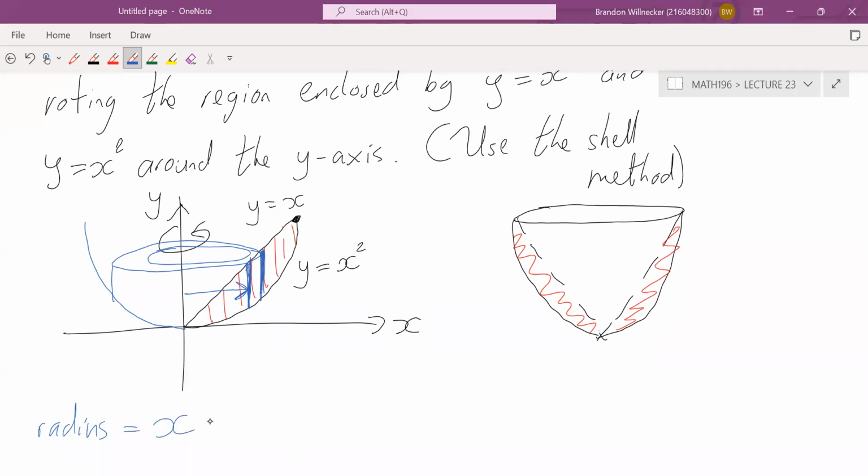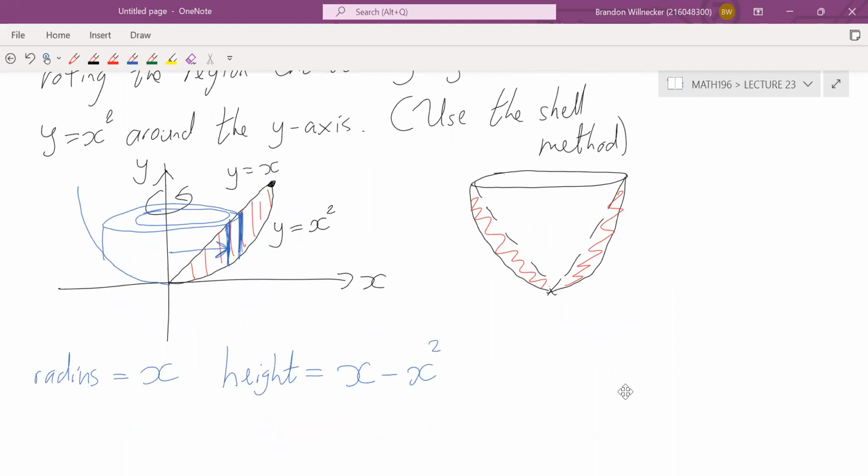Okay, what about the height? Now, the height is this blue part that I've drawn here. So we see that the height is actually the upper function minus the lower function. That gives us the blue distance. So the height is going to be the upper function minus the lower function. So that's going to be x minus x squared.